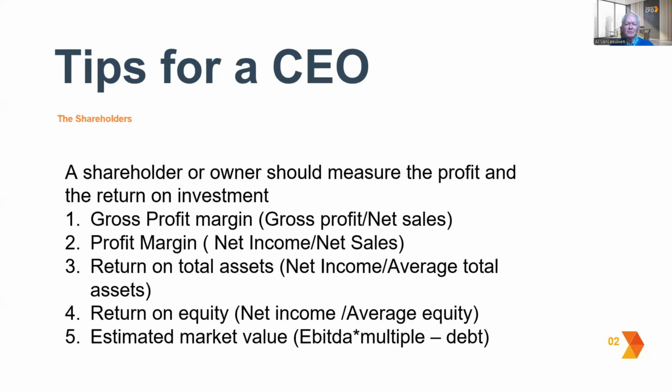So you should be focused on improving or measuring gross profit margin, looking at the bottom line profit margin as a percentage of sales, your return on assets, which is your net income divided by your average total assets, and your return on equity, which would be your net income divided by your average equity.